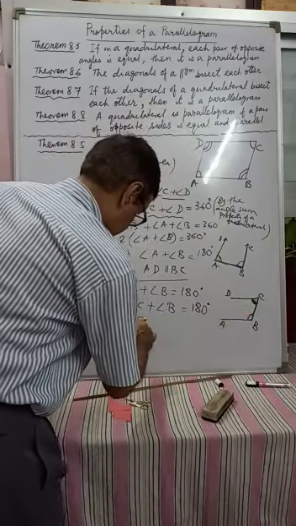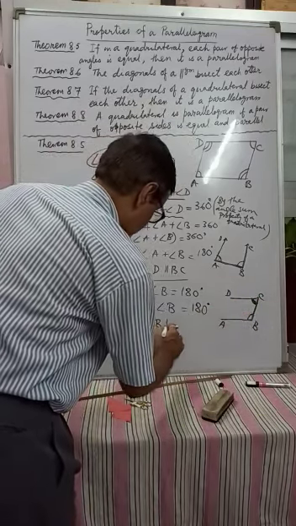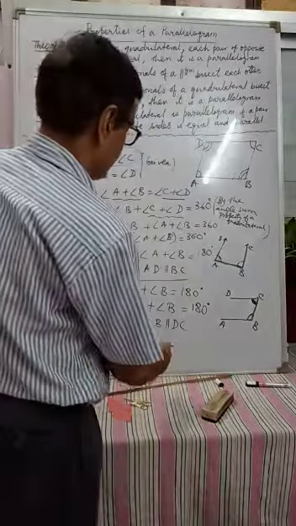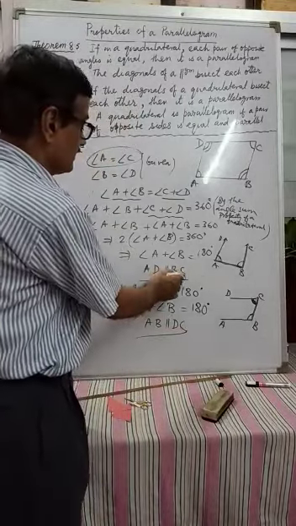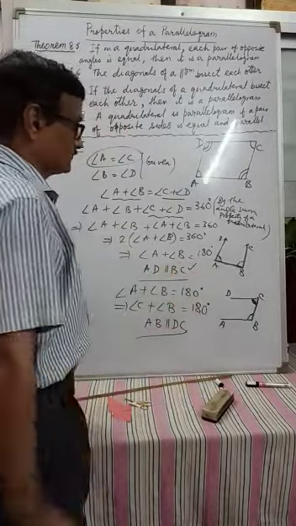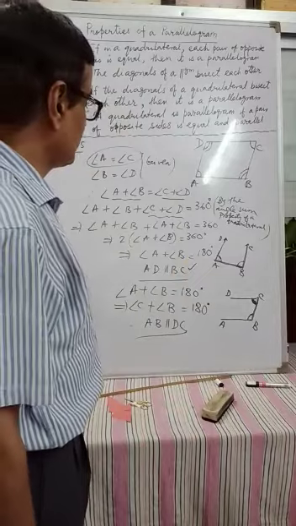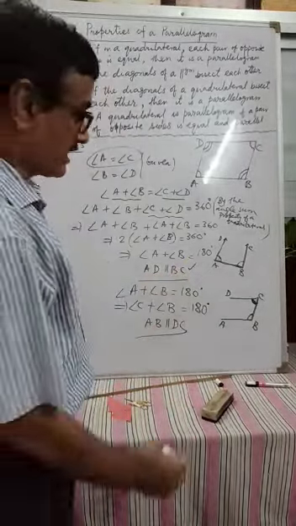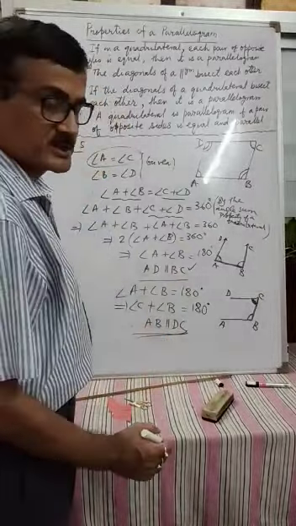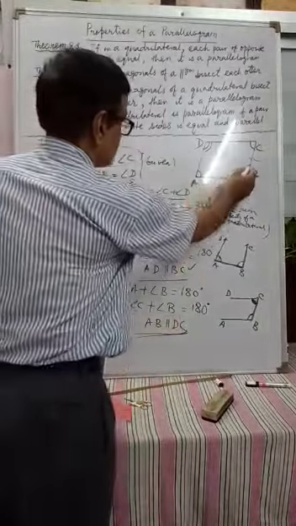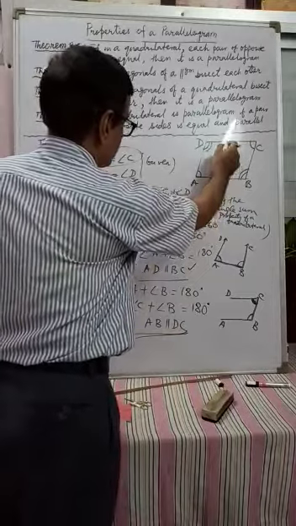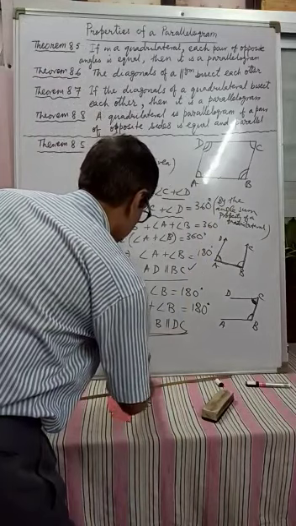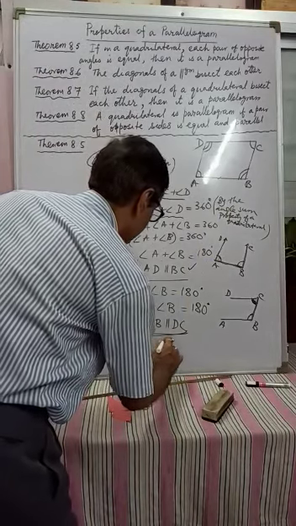That means we can say AB is parallel to DC. First we proved AD parallel to BC, and now we have proved AB parallel to DC. Therefore, in this quadrilateral both pairs of opposite sides are parallel. Therefore, we can say ABCD is a parallelogram.